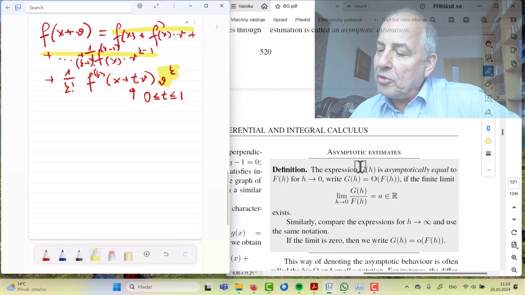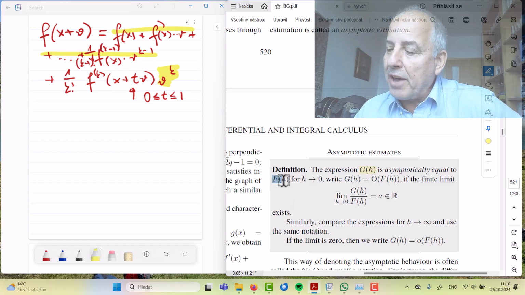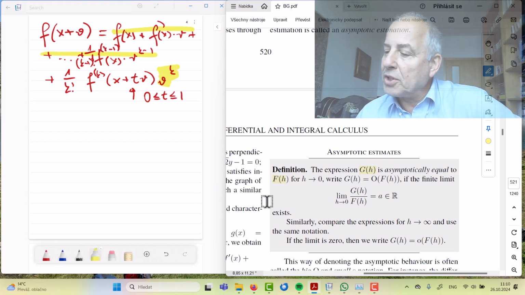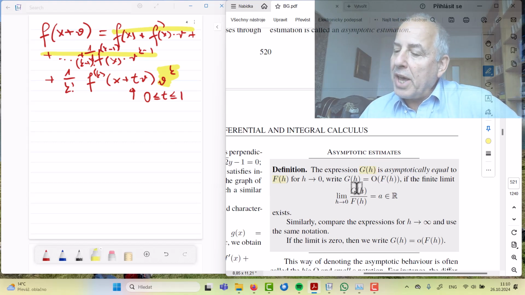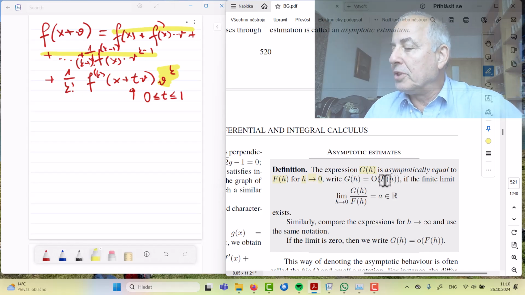If I have two general expressions, g of h and f of h, where here I have h instead of v, no difference, then I say that asymptotically for h going to 0, the first expression is roughly the same as the other if the limit of the quotient of those two exists.